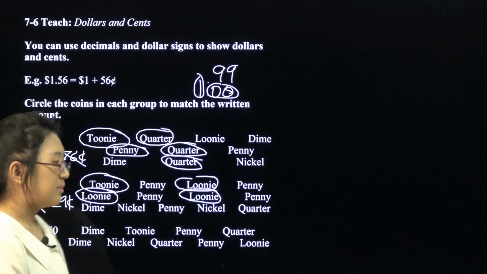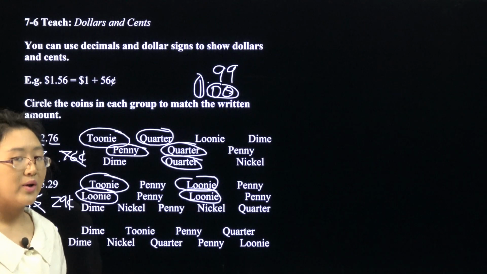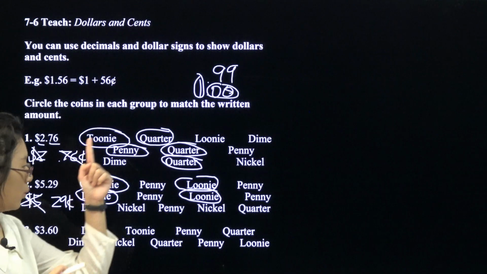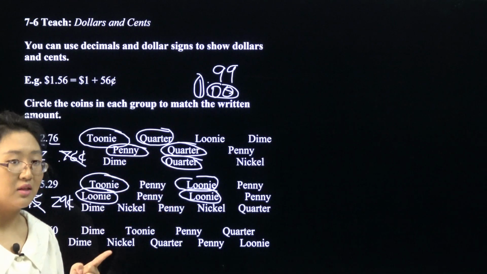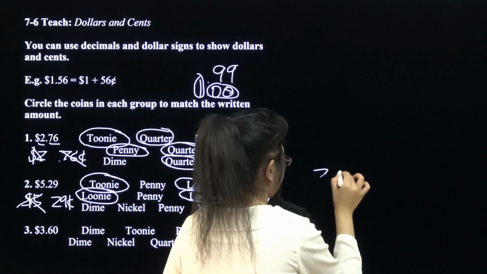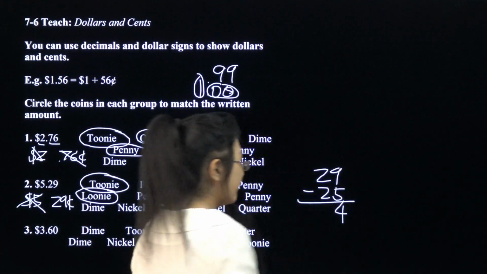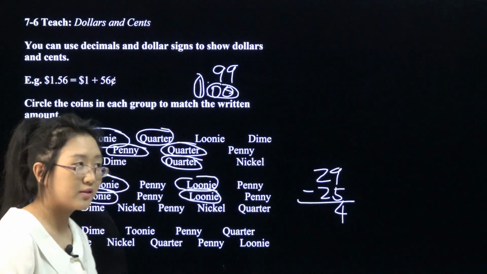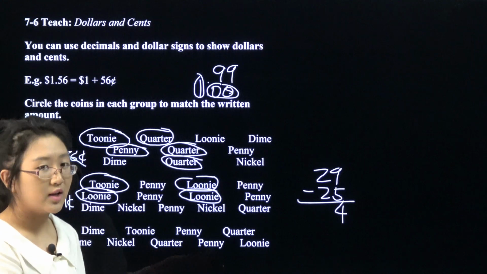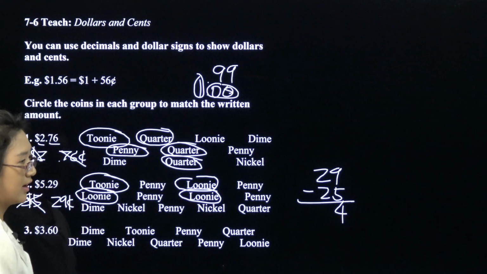29 cents can be made in many different ways. The one with the least amount of coins would involve 1 quarter, which is 25 cents. So what's 29 minus 25? It would be 4 cents. And 4 cents would be 4 pennies, because we can't use a nickel for 4 cents if we want exact and not rounded.